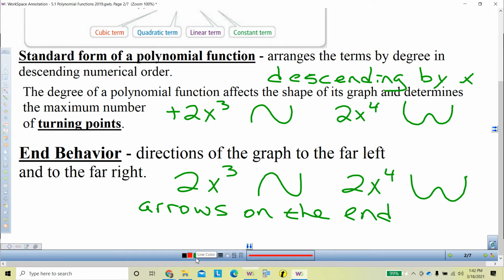So if I throw some arrows on the end here, what's the end behavior of this 2x cubed? First it goes up or down? Down, then it goes up. So end behavior here would be down, up.